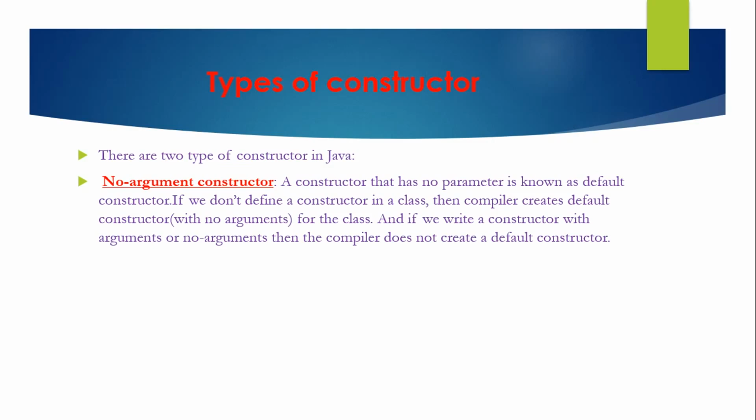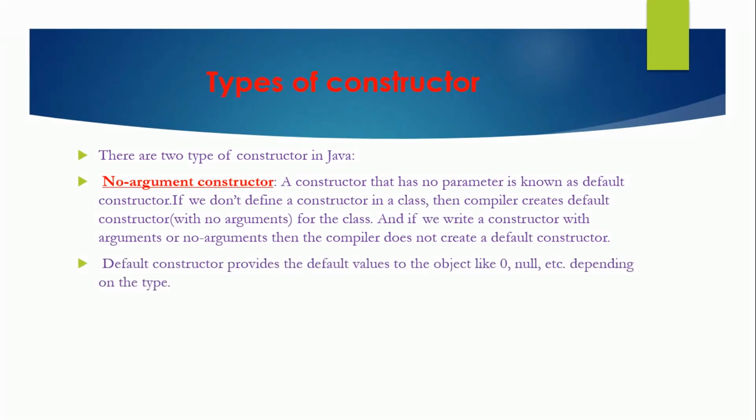And if we write a constructor with arguments or no arguments, then the compiler does not create a default constructor. The default constructor provides the default values of the object like 0 for int, 0.00 for double, and null for string and char, depending on the data type.